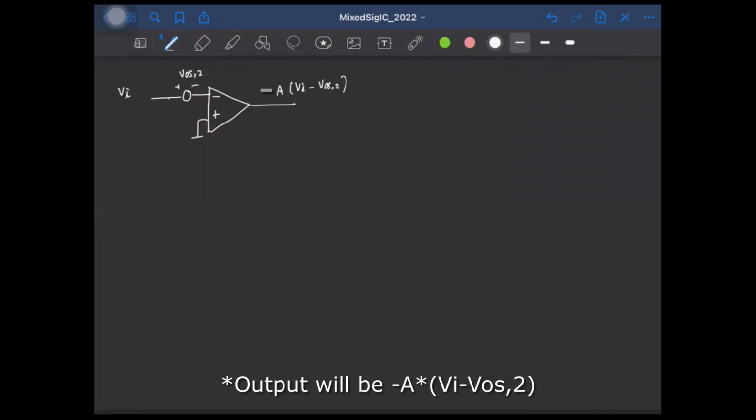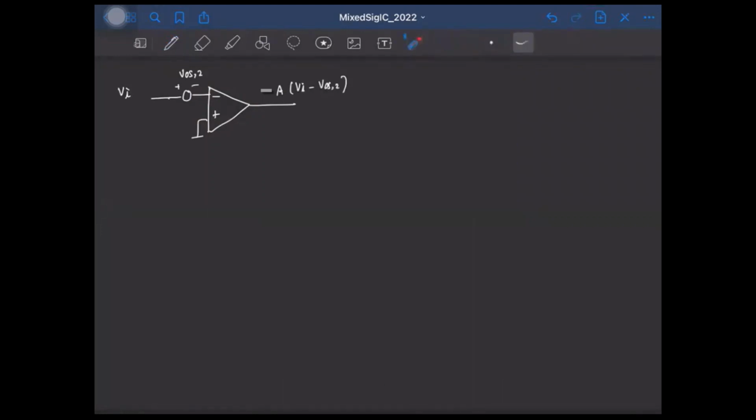Okay. Now, in principle, if you know what this offset voltage VOS2 is, if we add a voltage source with the opposite polarity here, then the effect of this offset will be completely cancelled, right?